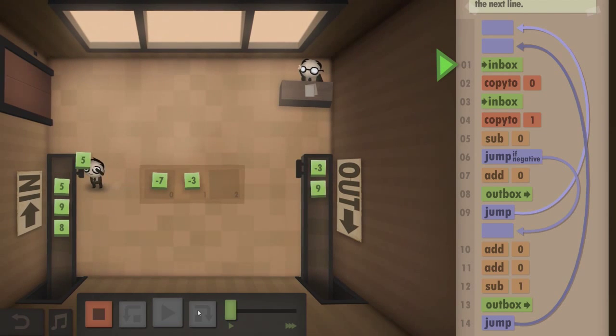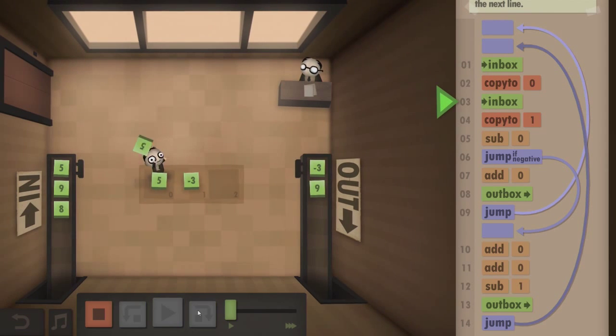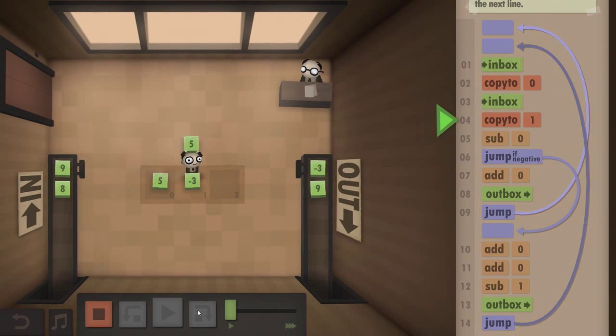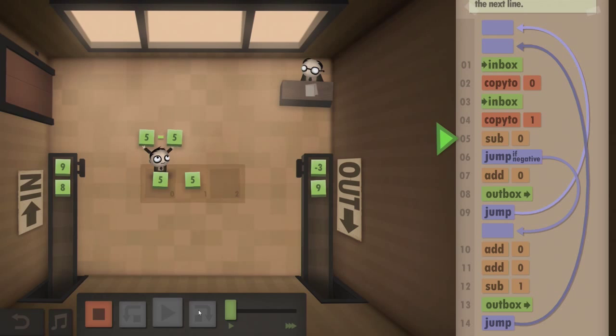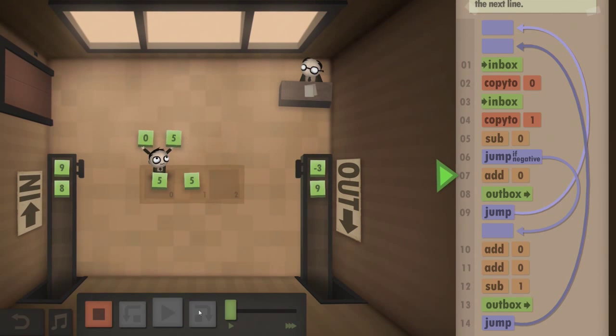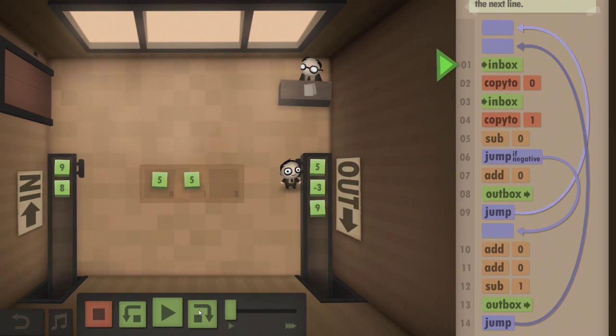Alright, I have no idea how that worked. This is not going to be a minus number, it's going to be a 0. This better not work.